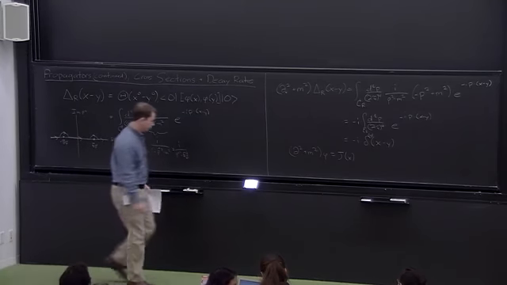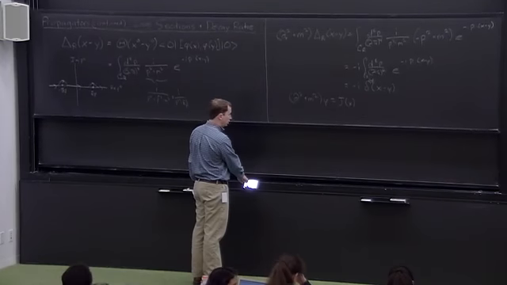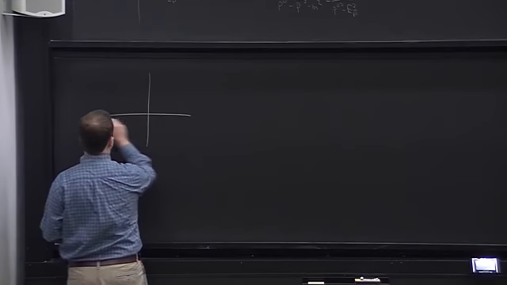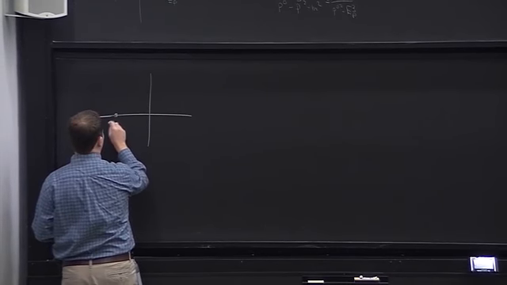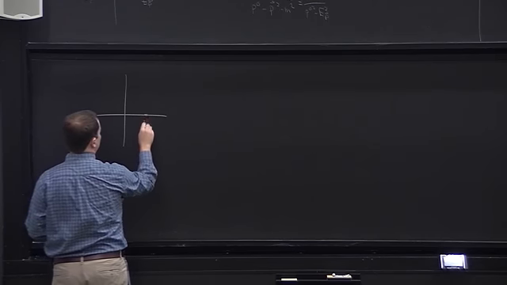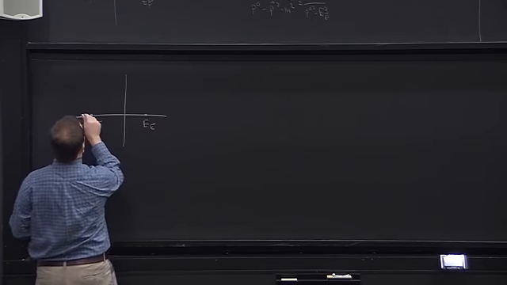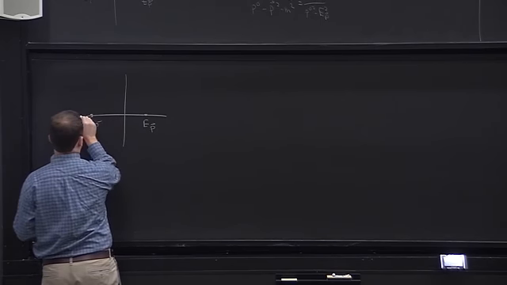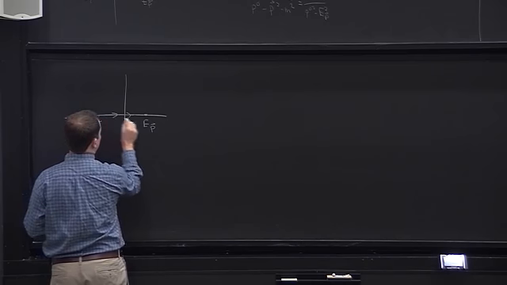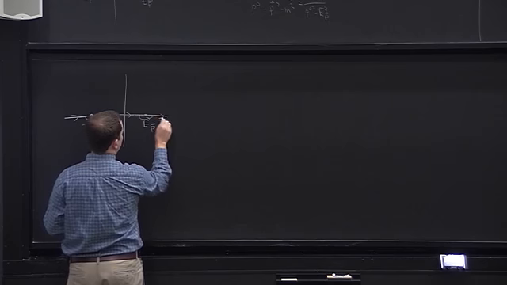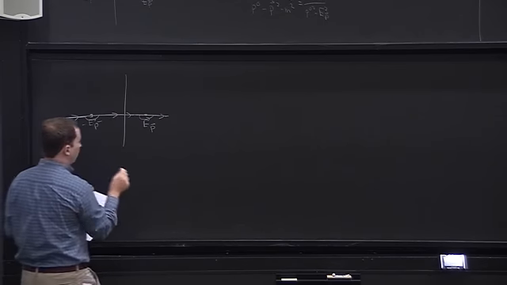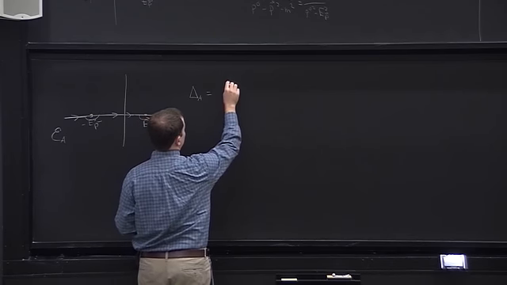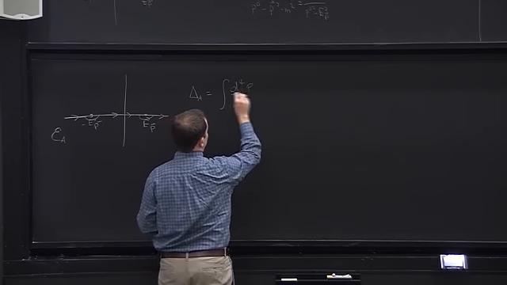So if we went below both of the poles, like this, this is the advanced contour, and so the advanced propagator would be the same integral, just with the advanced contour.